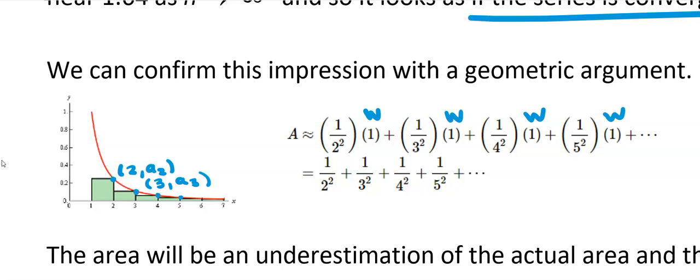And each of the larger portions, the fraction pieces, 1 over 2 squared, 1 over 3 squared, 1 over 4 squared, etc., that's showing the height of each of our rectangles. And we know that in order to get the area for each of our rectangles, we can take the width times the height, and that would give us the area of our first rectangle. The width times the height would give us the area of our second rectangle, and so forth.